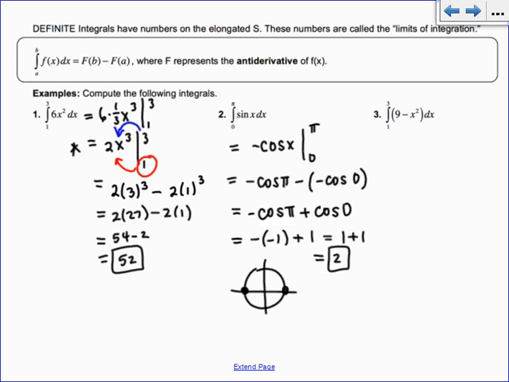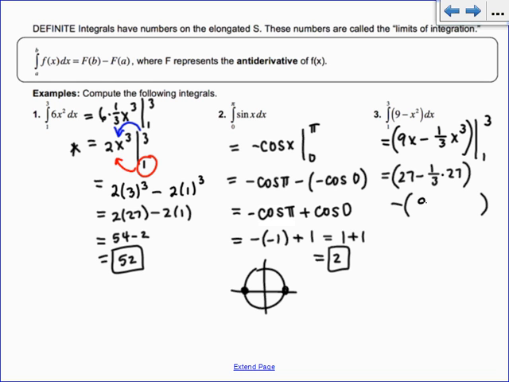And then same idea on this one, so I'm going to do the antiderivative. So I'm going to get 9x minus 1/3 x cubed. I put that little line that indicates that I've taken the antiderivative. Usually if there are multiple terms, I put parentheses there too. And I plug in 3. So I get 9 times 3 is 27, minus 1/3 of 27. And then minus the other one.